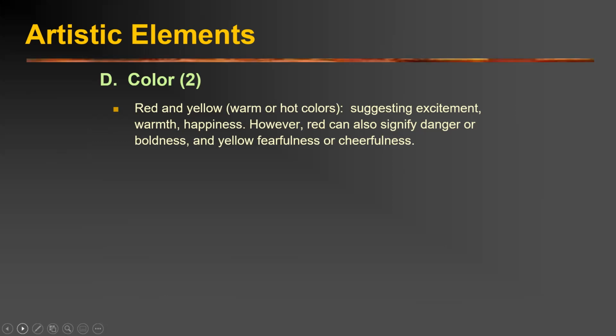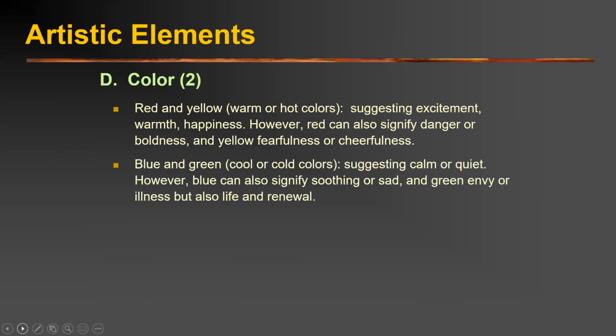On the other hand, yellow may suggest fearfulness and cheerfulness. Blue and green suggesting calm and quiet. However, blue can also signify sadness, soothing sadness, and green may also signify envy and illness, but life and renewal. Pag green kasi, most of the time, renewal. Same true with blue sometimes.